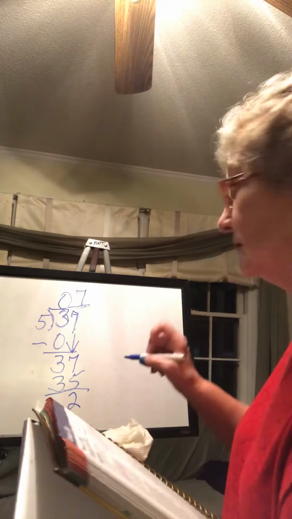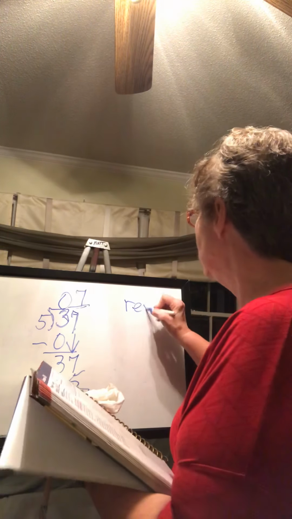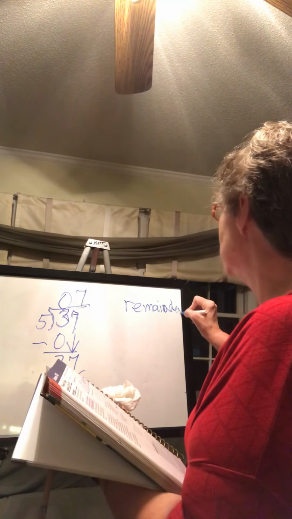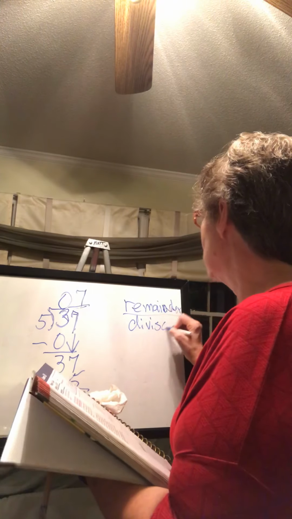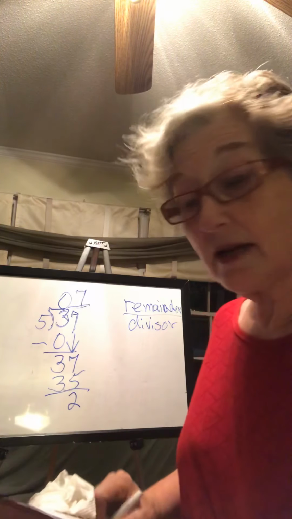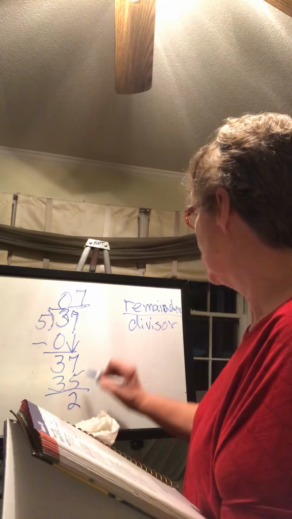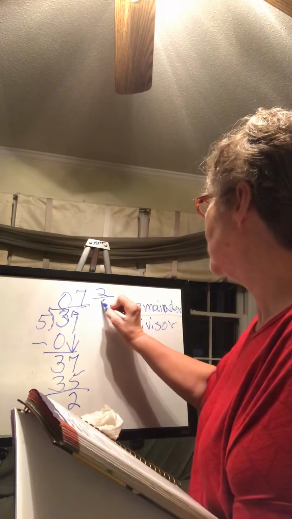But now what we're going to do is write the remainder over the divisor. So that will express that remainder as a fraction. So that would be 2 is your remainder and 5 is your divisor.